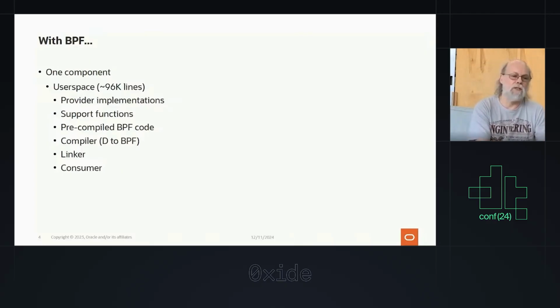BPF execution engine. So that means the actual implementation of how you get a dtrace provider presented to dtrace the way dtrace would want it, based on tracepoints that exist in the kernel, is all things that have to be done at the user space level.